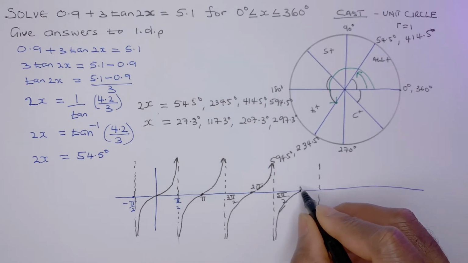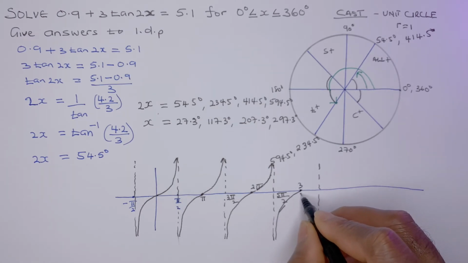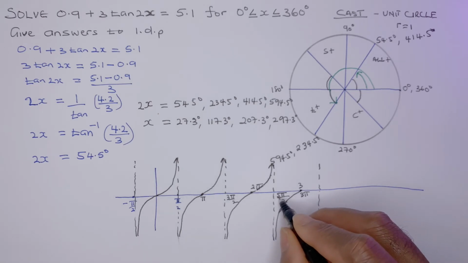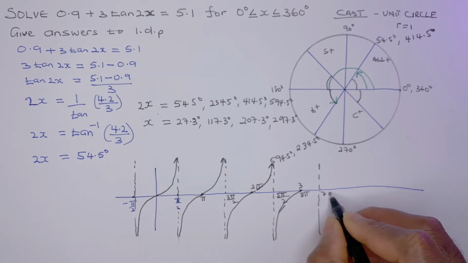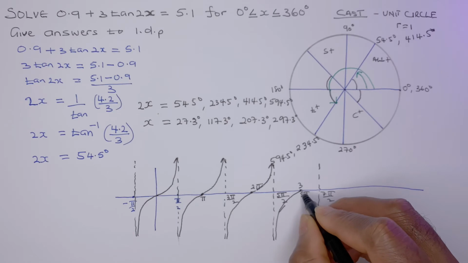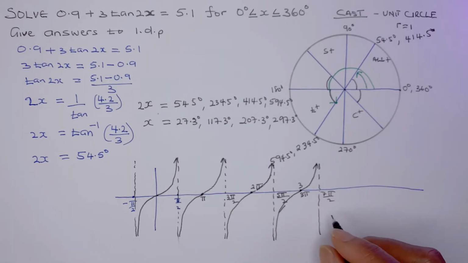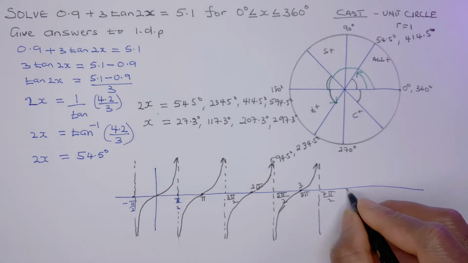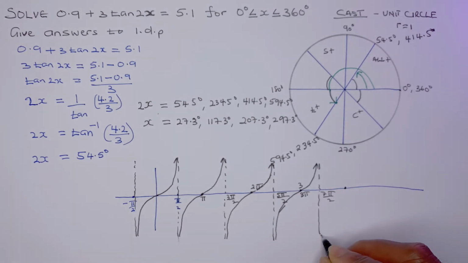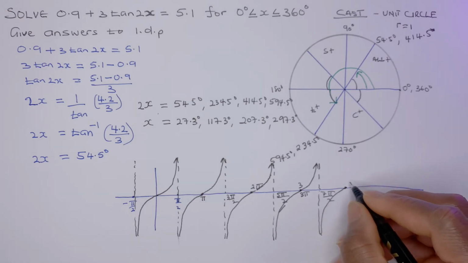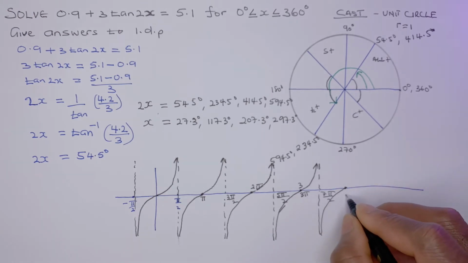So you can imagine if this is 3 pi, you add 2 to that, so that would be 7 pi over 2, and it goes all the way to positive infinity. And the next one goes to 4 pi, and then from there it goes on.